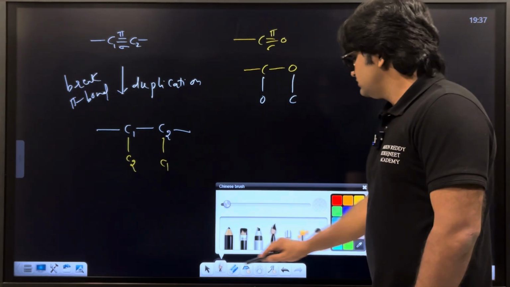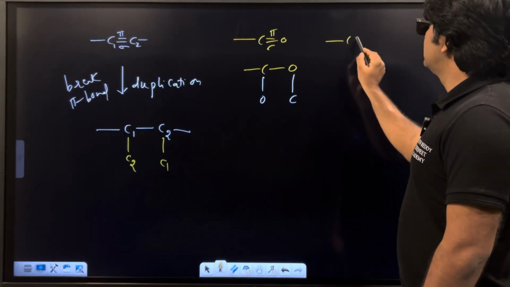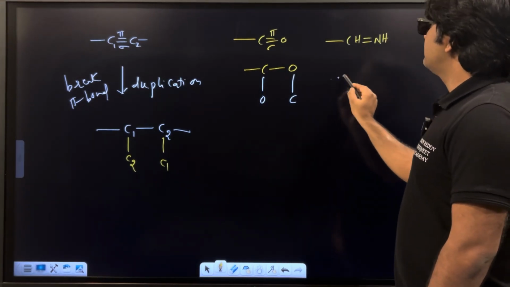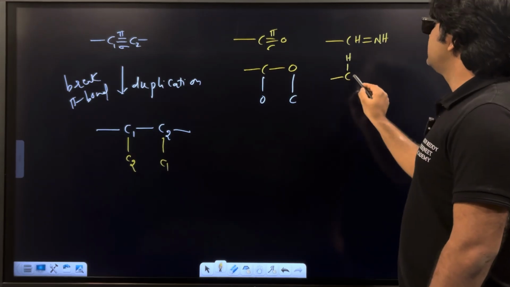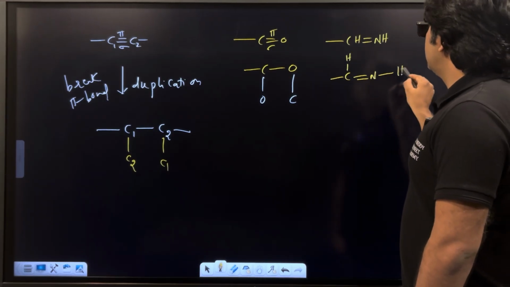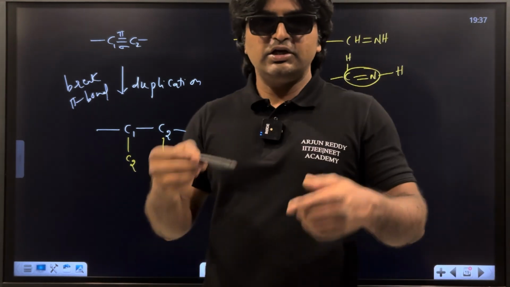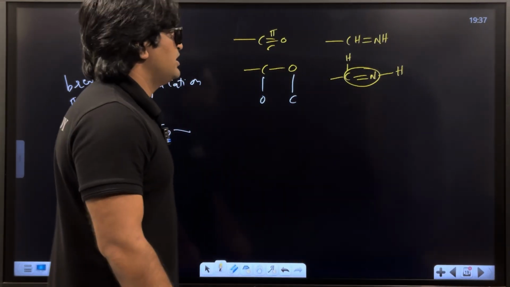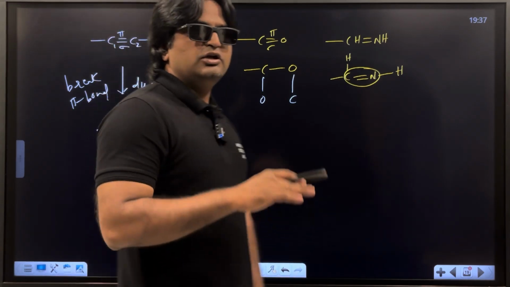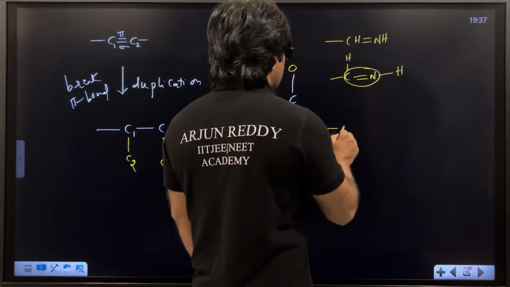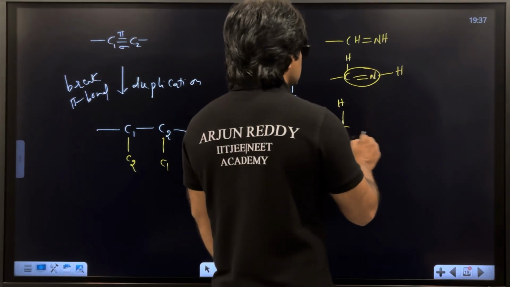For example, here CH double bond NH is given, the same group, just write it like this, CH double bond NH. These two, carbon and nitrogen, are directly connected through a double bond, and we have one sigma bond and one pi bond. How are we applying duplication?